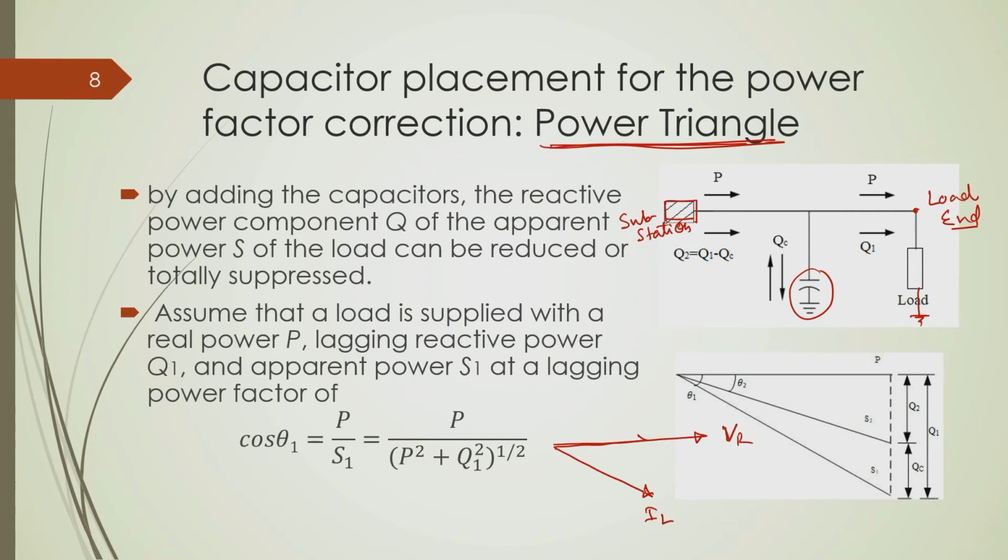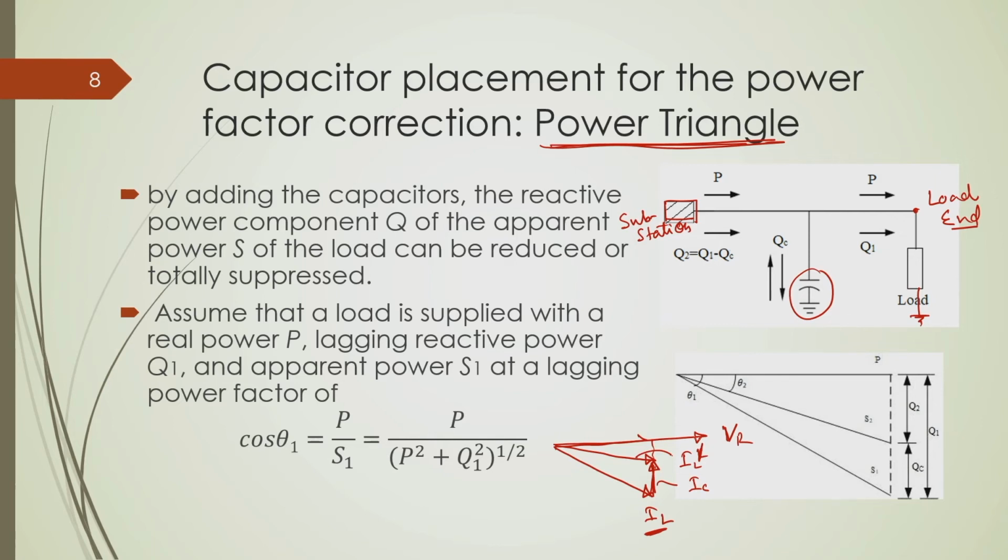Now, due to this capacitor placement, we have seen that this load current is changed to here. So, you can see this is I_L and this is I_L dash, and this is I_C, which changes the load current, or the current drawn by this load, from I_L to I_L dash.